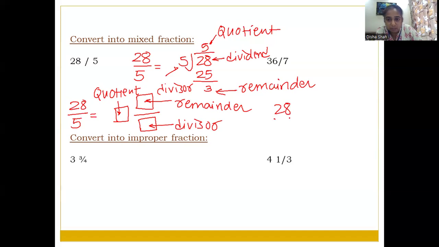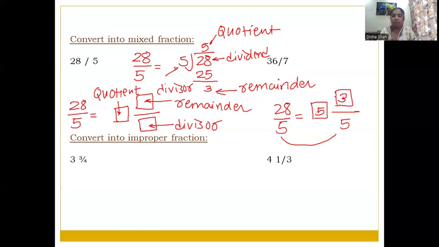So 28/5 can be written as, नीचे आएगा divisor. So ये जो 5 है divisor, that as it is we will write here. ठीक है. इस वाले बॉक्स में हमें लिखना है quotient. So that is 5 only here. And in this particular box we have to write remainder. So that is 3 over here. So 28/5 can be written as 5 plus 3/5.